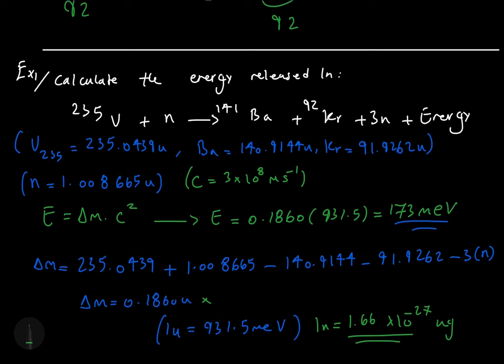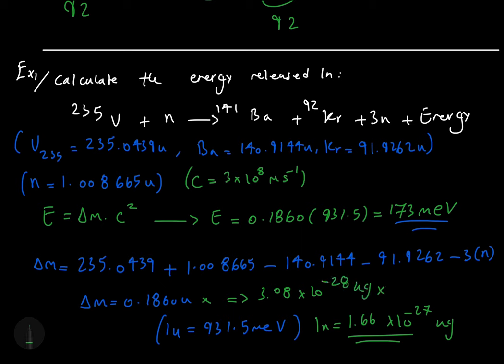That will give you 0.186 times 1.66 times 10 to the power of negative 27. You will get 3.08 times 10 to the power of negative 28 kilograms.